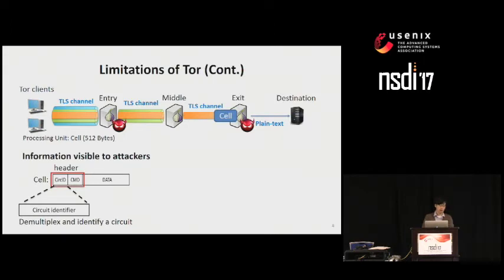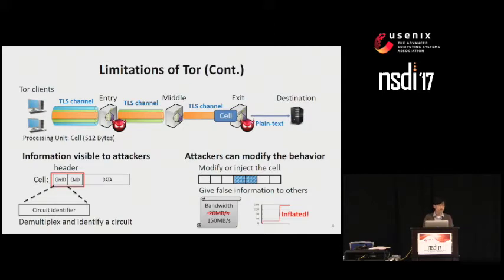Demultiplexing a circuit is trivial since attackers can decrypt the TLS connection and get the cell header. The cell header includes the circuit identifier that specifies which circuit the cell refers to. In fact, many attacks rely on being able to identify circuits.